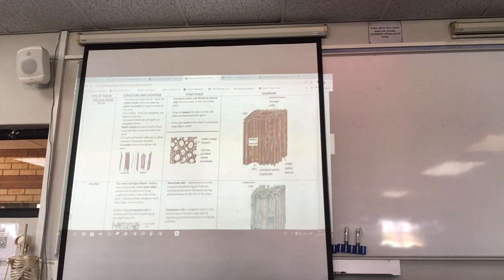Well, I don't put that in. Spongy. These are for the middle of the stem. Oh, all the spongy and the cambium.